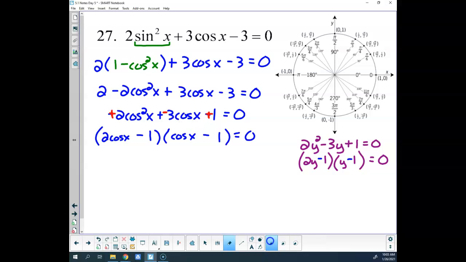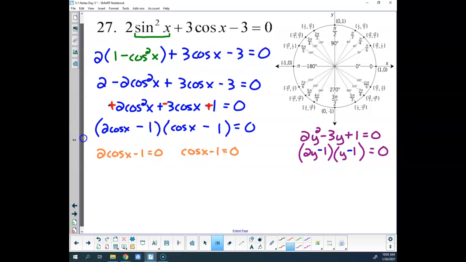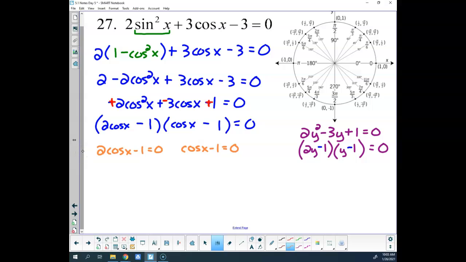Okay. Now we've got it factored. Now we can set our factors equal to 0, and we can solve those.